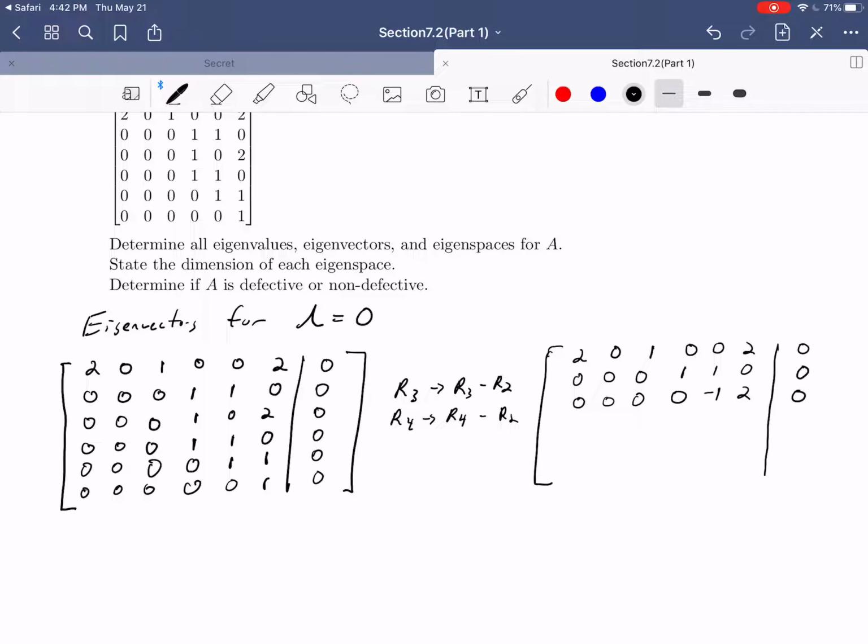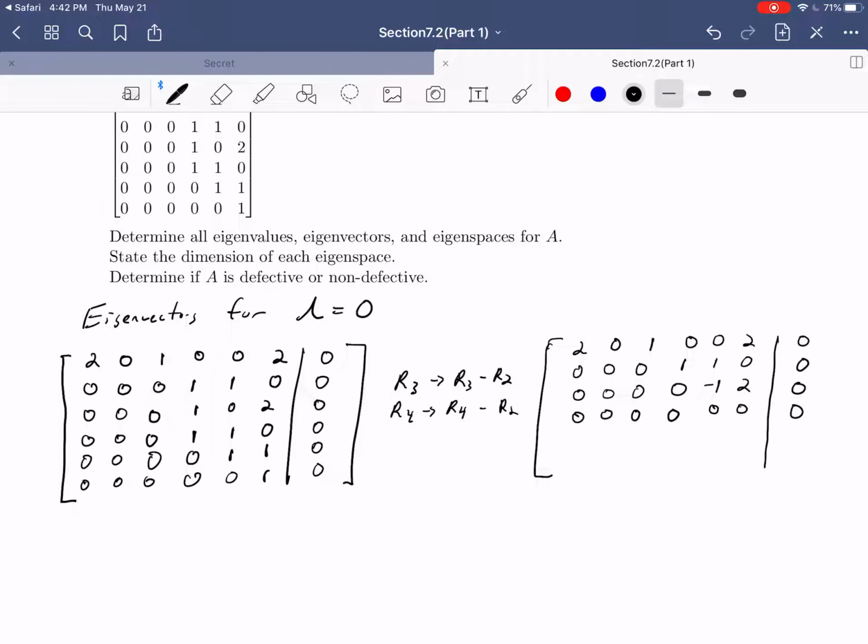And then we'd also have 0, 0, 0, 0, 0, 0. So we get a 0 row there. And then also looks like we'd have 0, 0, 0, 0, 1, 1, 0, and 0, 0, 0, 0, 0, 1, 0. Okay, so things are looking a little bit better.